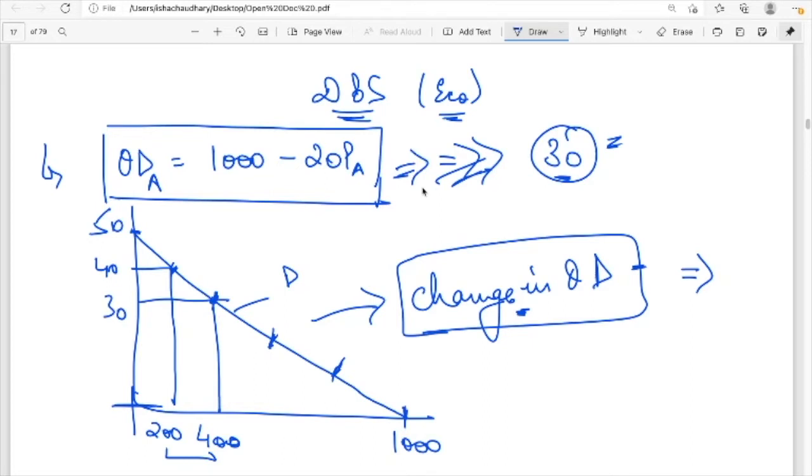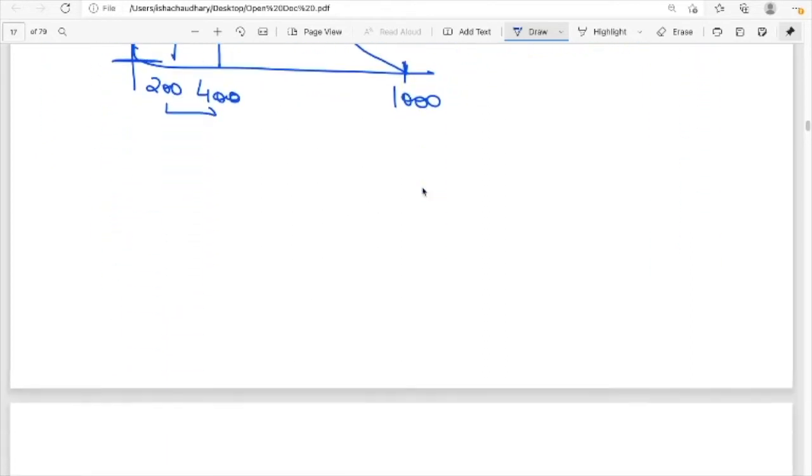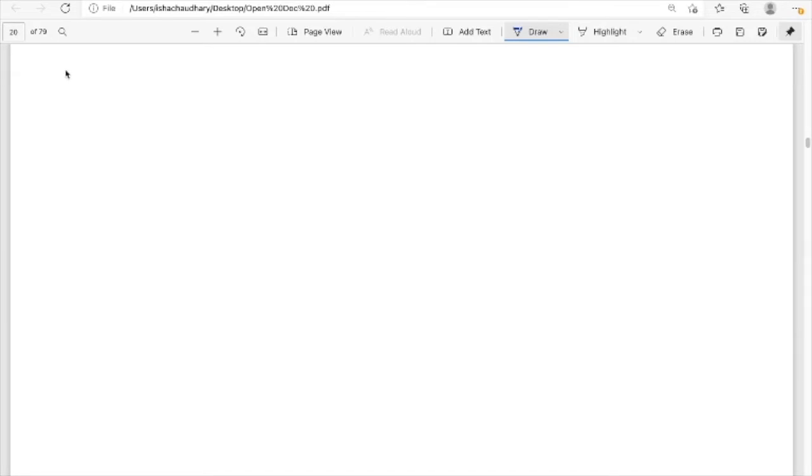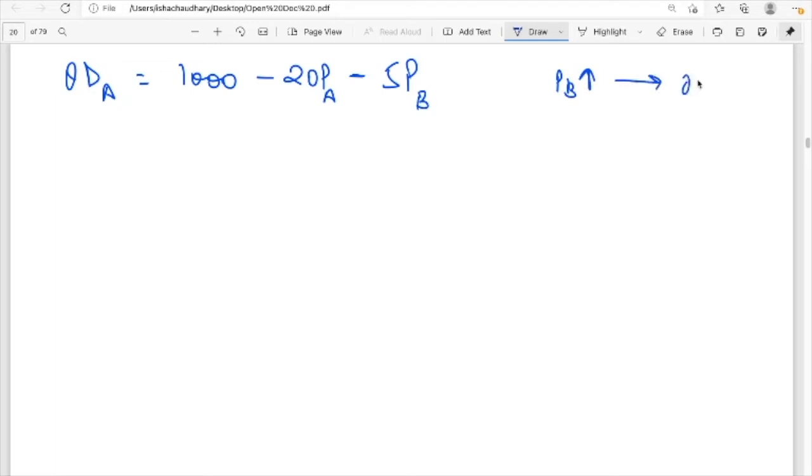Now let's incorporate other factors in my demand. This was my original demand function, 1000 minus 20 PA. Let's incorporate a factor, and let's say it is minus 5 PB. The minus sign here means that with an increase in the price of product B, the quantity demanded for product A will decrease.